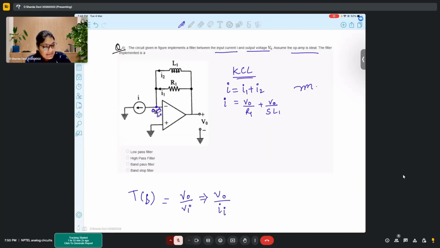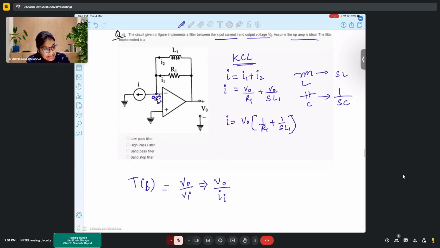So L transfers to SL, whereas C transfers to 1 upon SC. This is basically the Laplace transform, how it transforms from one plane to another, nothing much. So here I equals V0 times (1 by R1 plus 1 by SL1). What I want is V0 by I, right?